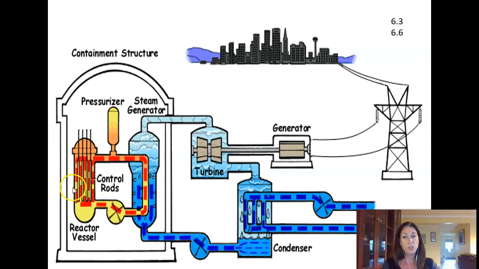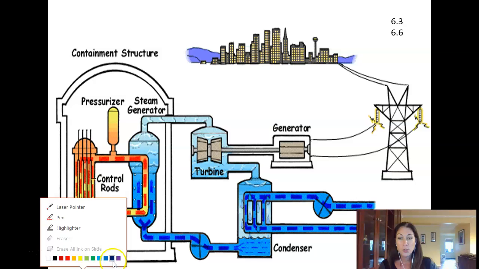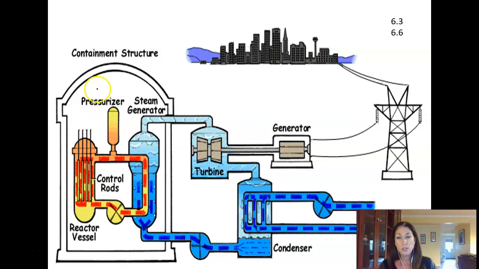So this might seem unusual that I have two conversions to steam. But this red line here denotes that that is radioactive steam because that has come in contact with our radioactive material. So this loop here is radioactive.